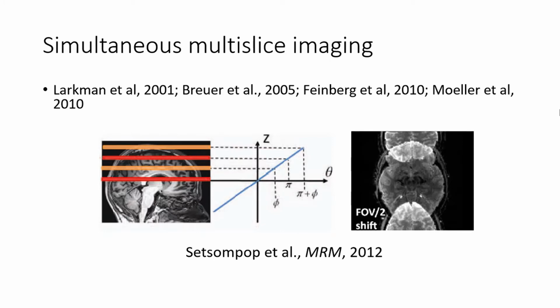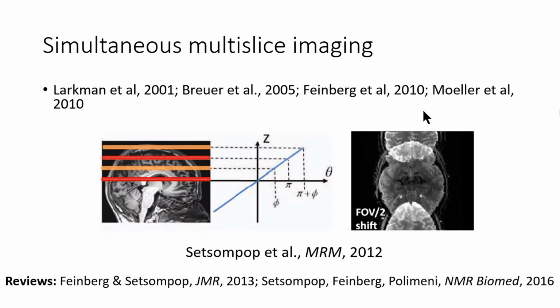If you're acquiring two slices at a time, you image twice as fast. And you can keep accelerating by acquiring more and more slices at a time. Through that, it's turned what used to be, for example, a 2-second scan into a 300 millisecond scan. There's a few good reviews on these topics that I would suggest looking into if you want to understand the development of these acquisition methods.